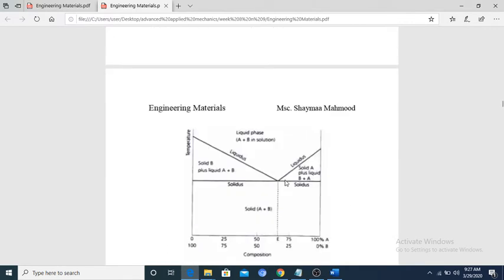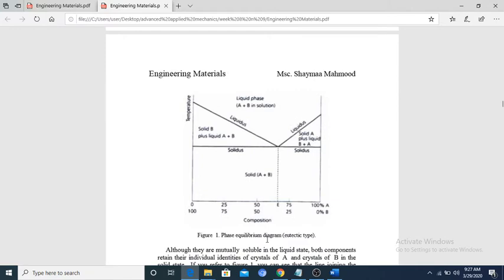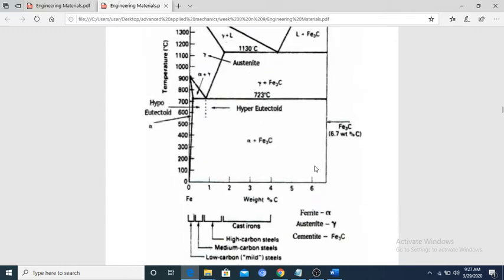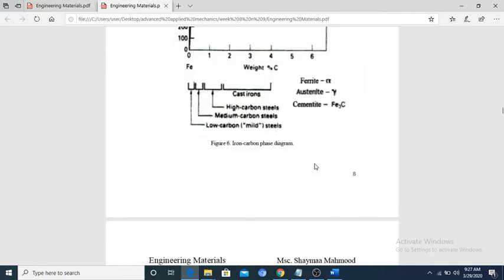So you can see the phase equilibrium diagram for this: solid A plus B, solid B plus liquid AB, and so on. So you can go through this. This is from the various materials subject, right?